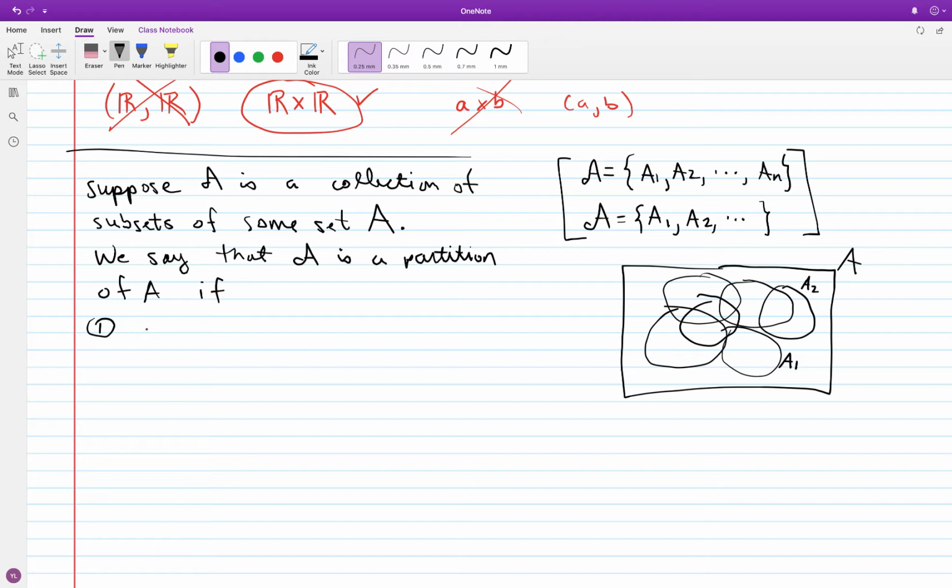We don't allow empty sets to be part of partitions. It sort of screws things up. So curly A has only non-empty subsets of A as elements.